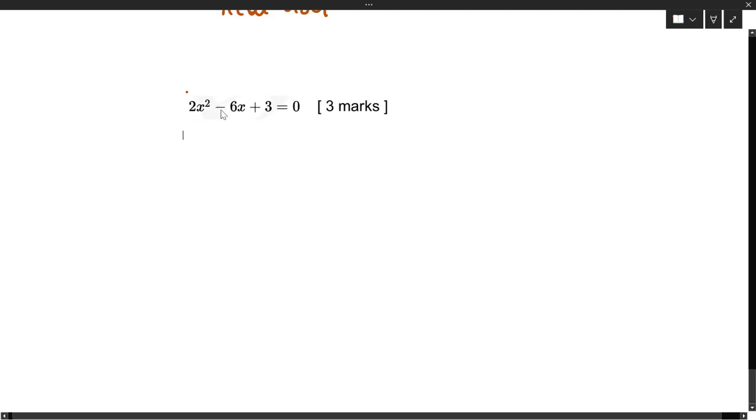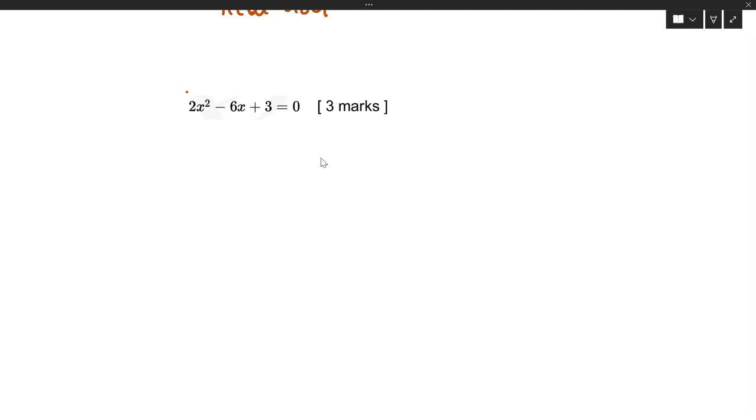Okay, 2x square minus 6x plus 3 equals 0. So comparing the quadratic equation, we will find a, b, and c first. Can you tell me, Rahil, what is a, what is b, and what is c?